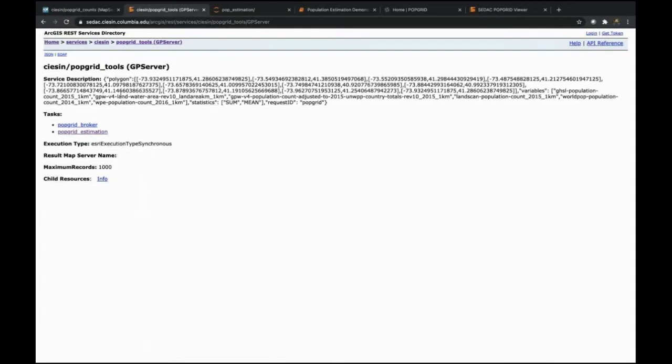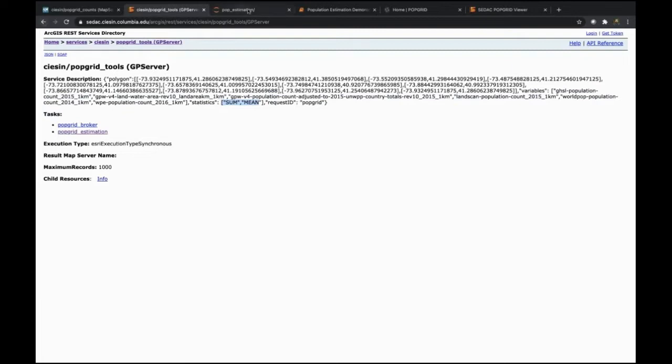So if I follow that link, we can see that the service takes this type of input, which is a polygon. It only accepts one polygon at a time. And variables, that is the layers you want to get population sums for. And statistics, you can get the sum and or the mean. And a request ID, which is just a unique identifier.